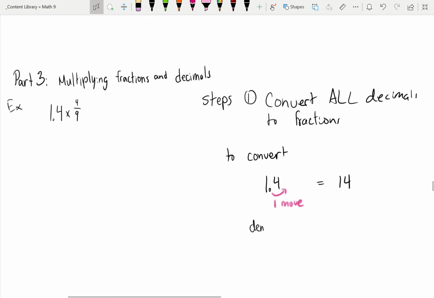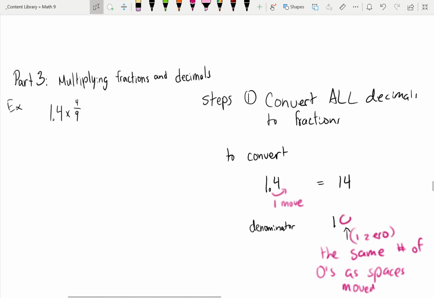The denominator is going to be a 1 with the same number of zeros as spaces moved. So in this case, 1, 0. So it's going to be over 10. So my new fraction is going to be 14 over 10.